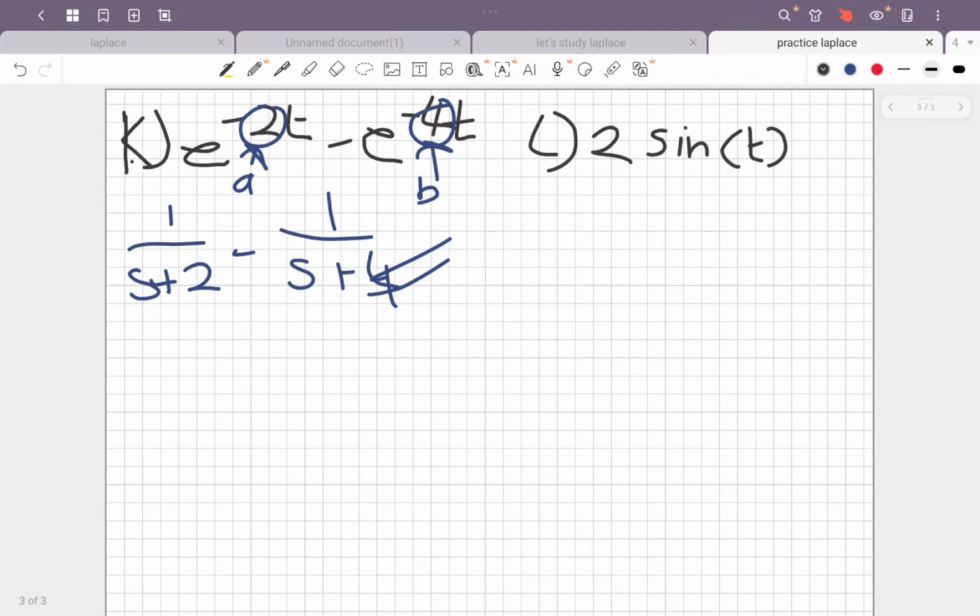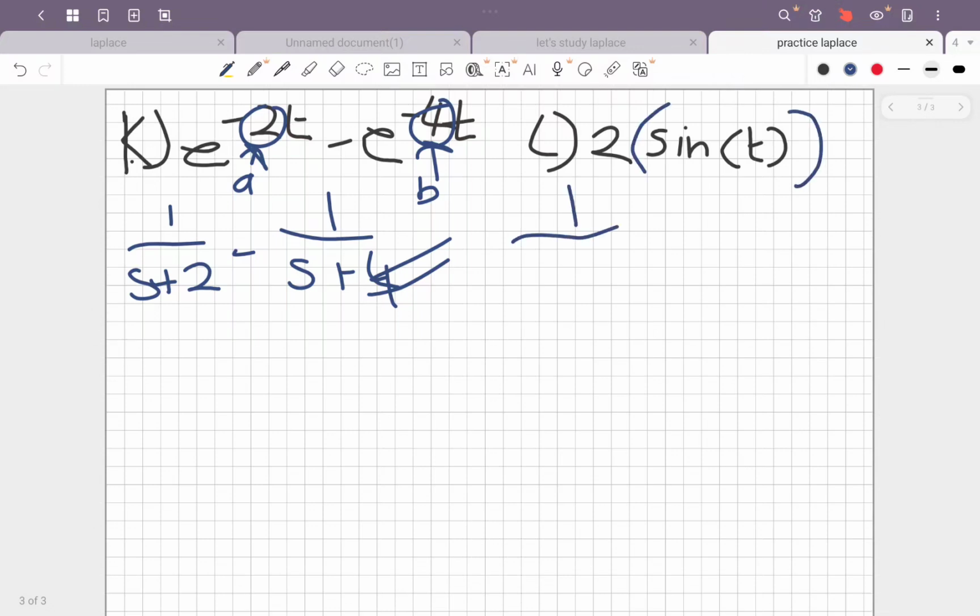For L, we need to refer to rule number 17, which our final answer will be. First, pick number 2.